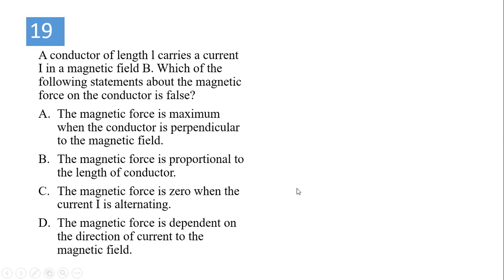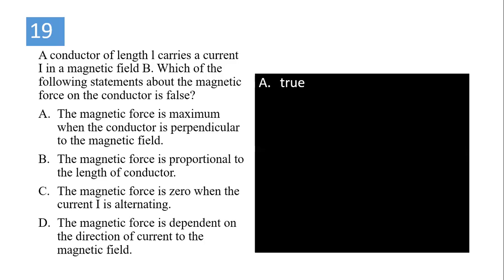This one, yeah, all right. A conductor of length L carries a current I in a magnetic field B. Which of the following statements about the magnetic force on a conductor is false? Magnetic force is maximum when the conductor is perpendicular to the field, correct? This one you know from your SPM work.